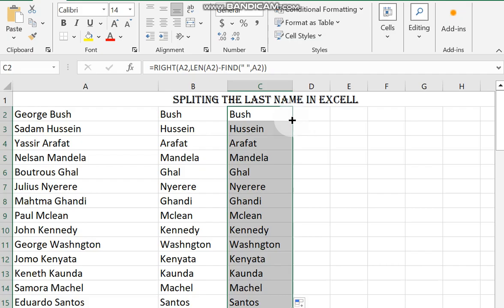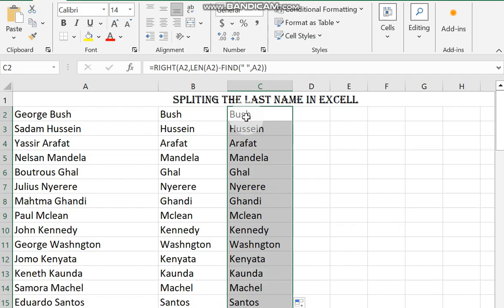So, ladies and gentlemen, this is the formula to extract the surname, the last name, in a series of names where names are two, first name and surname.